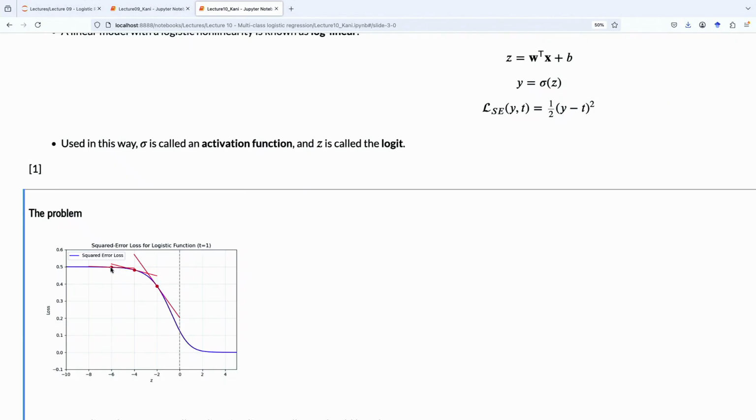Okay? Then as sigma gets larger, basically goes from 0 to 1, this error gets smaller. So as sigma gets larger, this error becomes smaller. So you go from 0.5 down to 0 for the loss.